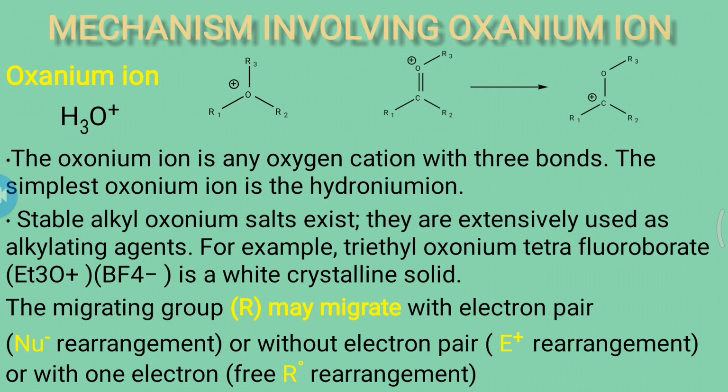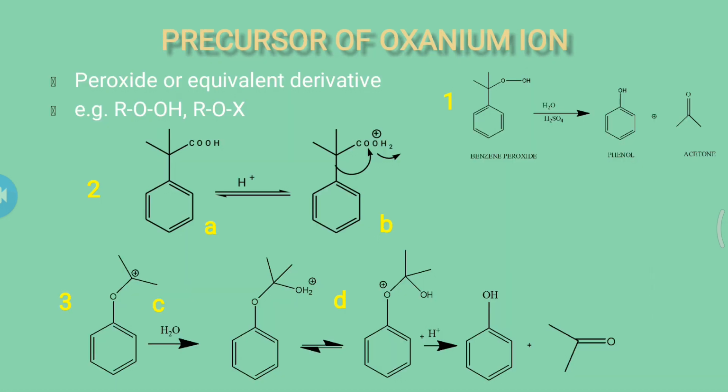It is an oxonium ion salt, and these are used as alkylating agents. Precursors of oxonium ions: in the market many oxonium ion sources are available, such as peroxide or equivalent derivatives. For example, peracid ROOH and ROX are used as oxonium ion source precursors.